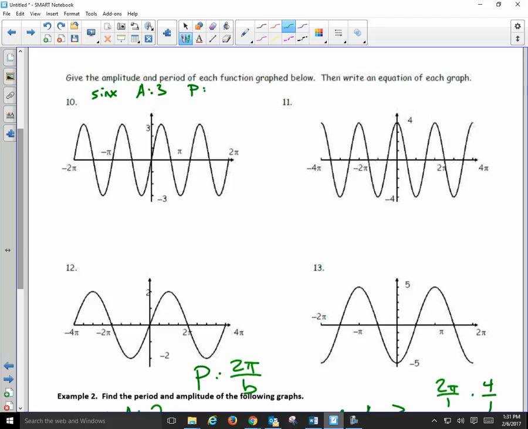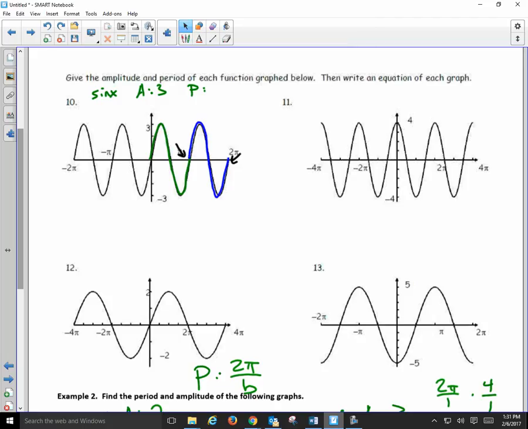The period is how long it takes before it repeats itself. So I'm going to draw one cycle of the graph. They are stating that pi is right there, and that 2 pi is right here.